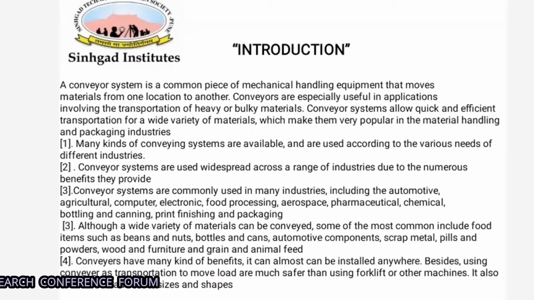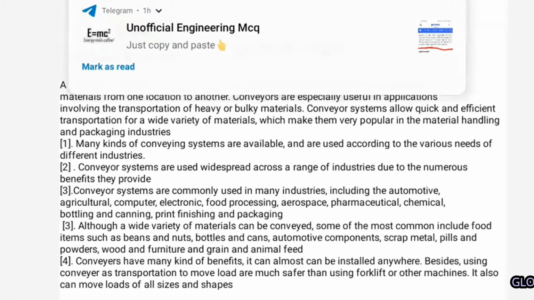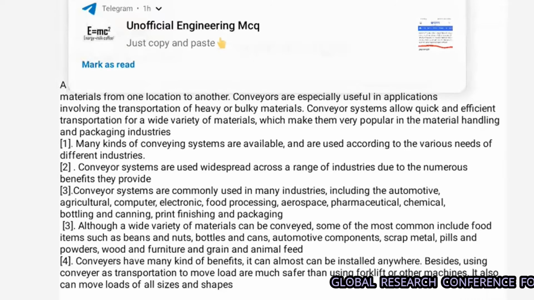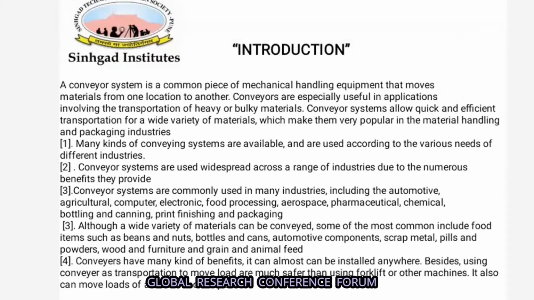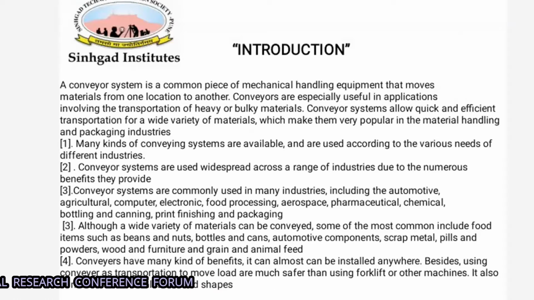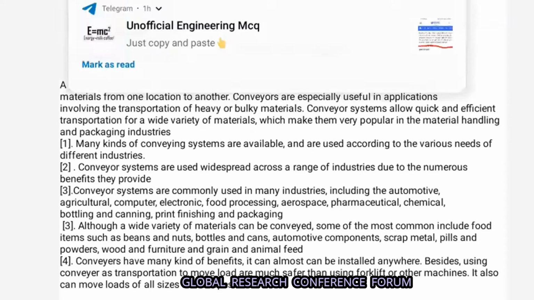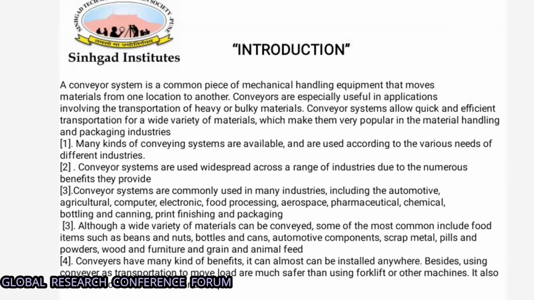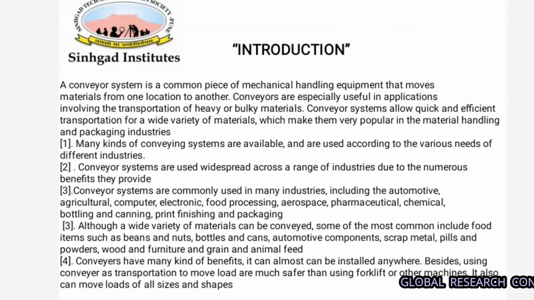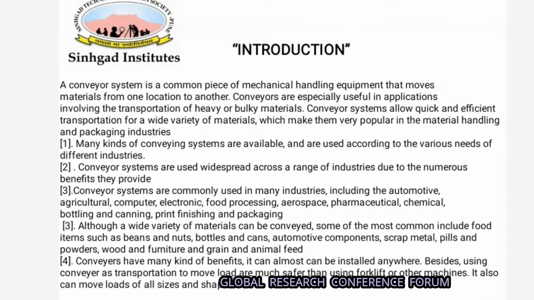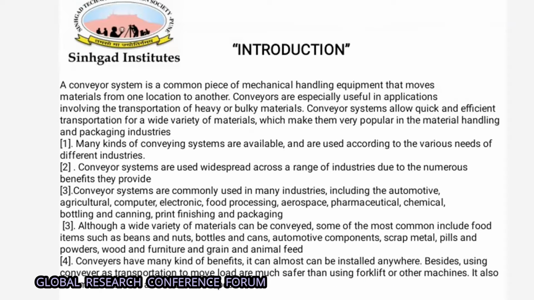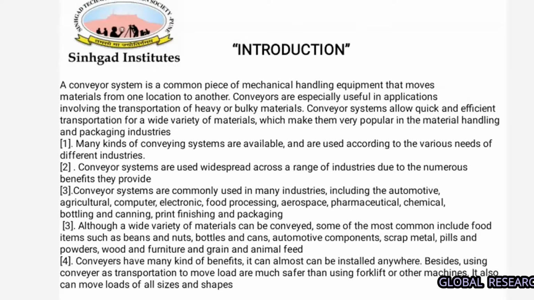Conveyor systems are widespread across a range of industries due to the numerous benefits they provide: they are easy in operation and make quick transportation possible. A wide variety of materials can be conveyed from one place to another using conveyor belts.